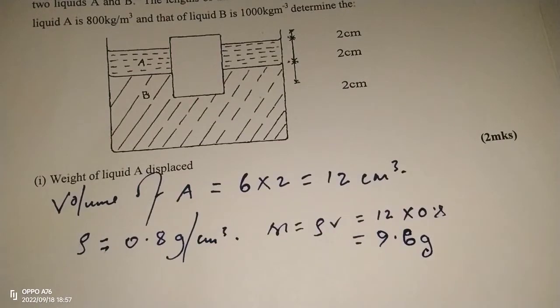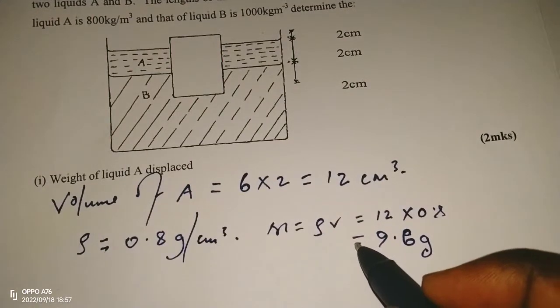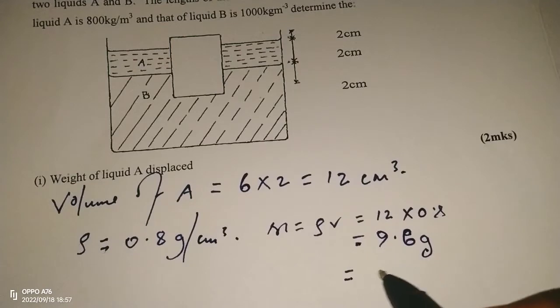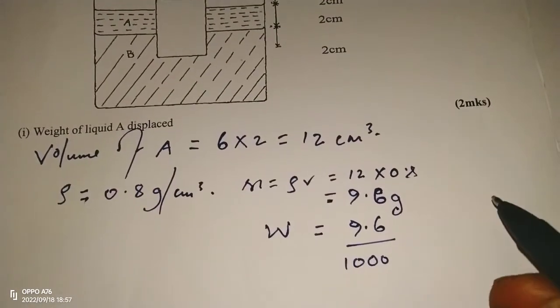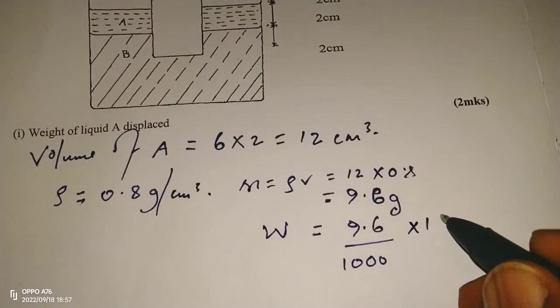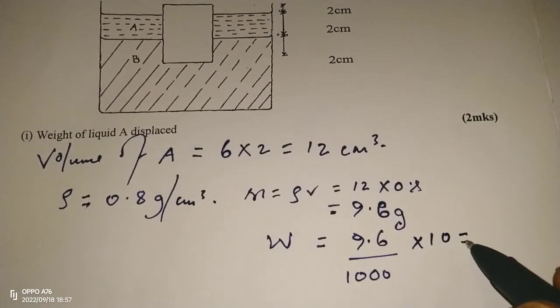We want to get the weight, so we have to get the mass in SI units and multiply it by g, which is 10.